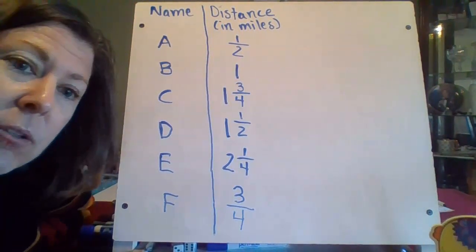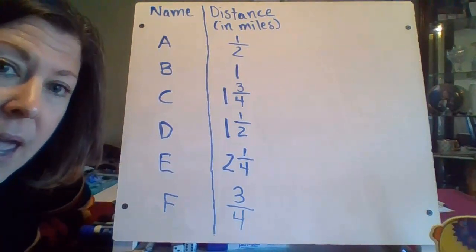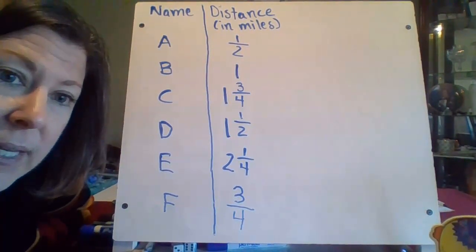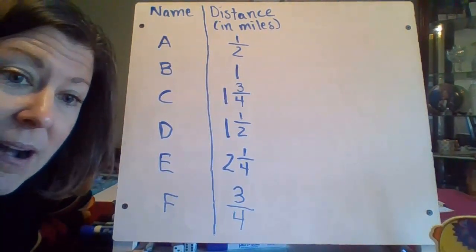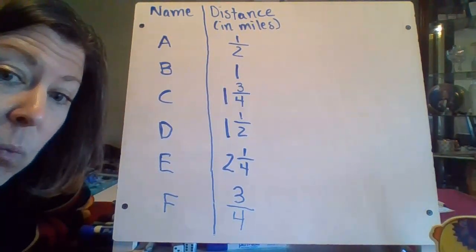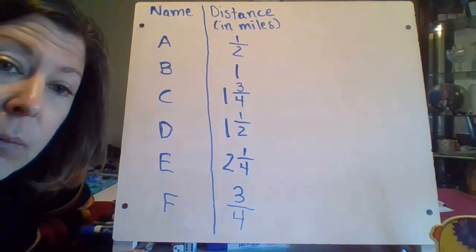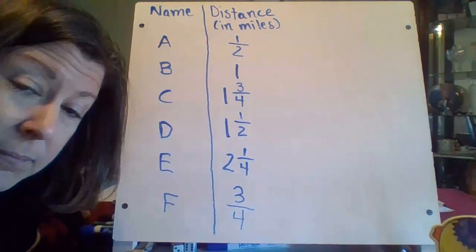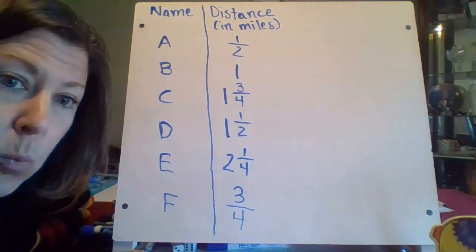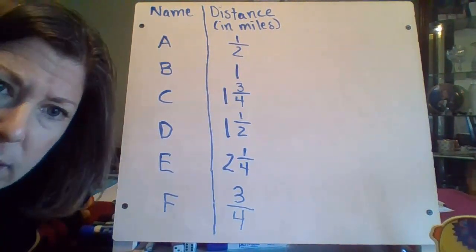So now what I want you to focus in on are the fractions themselves. Before we set up our line plot, before we put data on our line plot, we want to make sure that we have a common denominator. Right now we have denominators of 2 and 4. Now I want you to think, which unit is smaller, a half or a fourth?